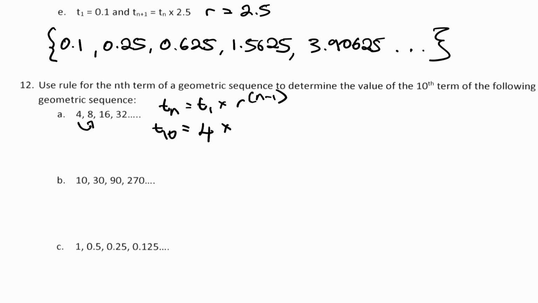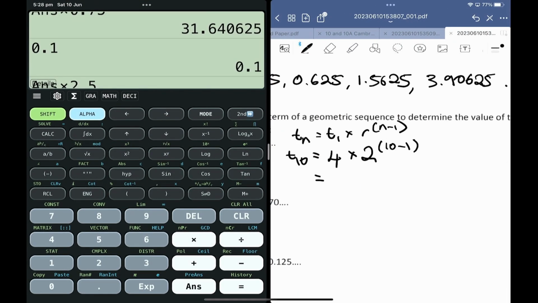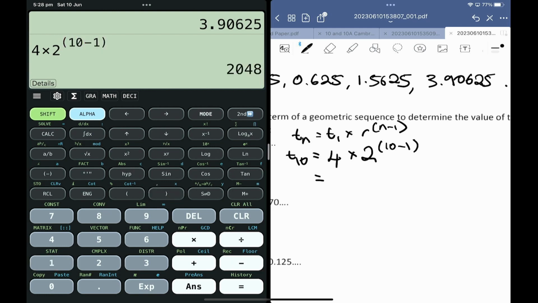So that's going up by a ratio of 2, multiplying by 2 each time, to the power of n minus 1. Well, we said that n was 10, and then we plug that into a calculator. We get 4 times 2 to the power of 10 take 1, which gives us 2048.